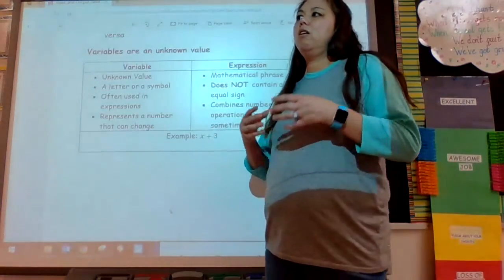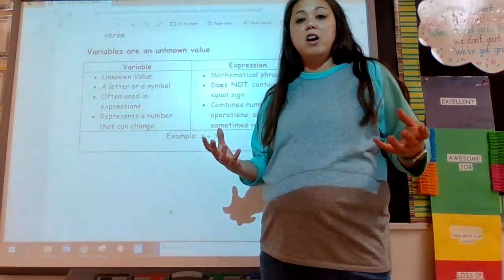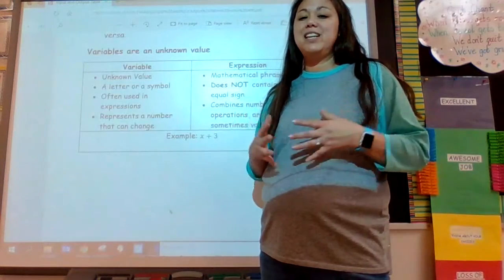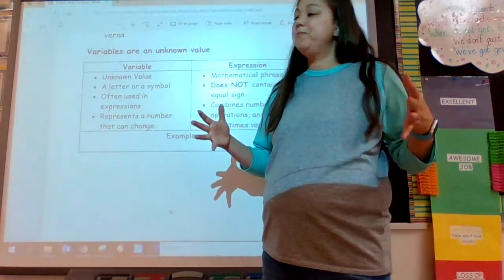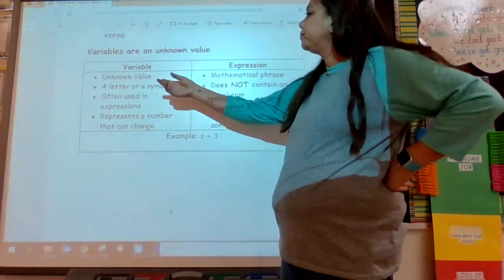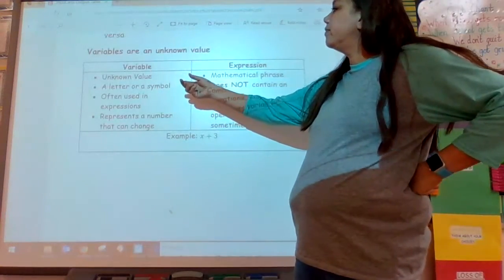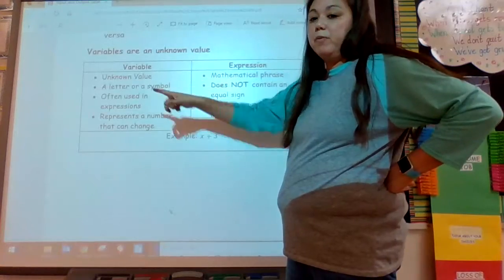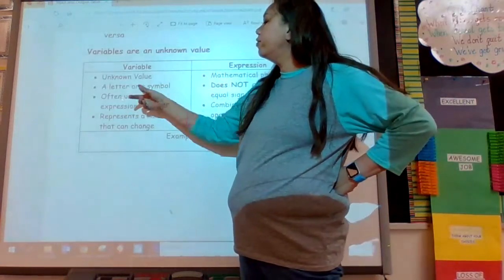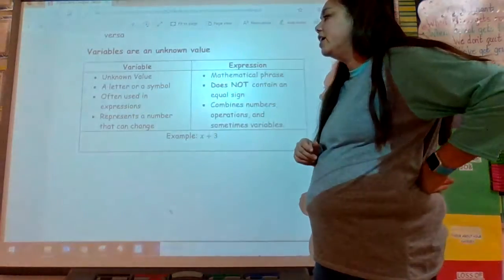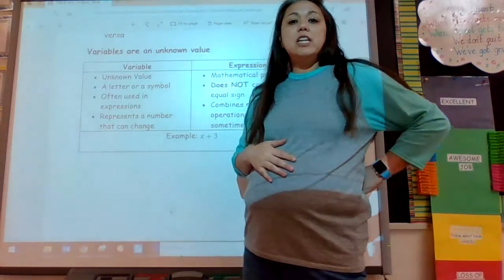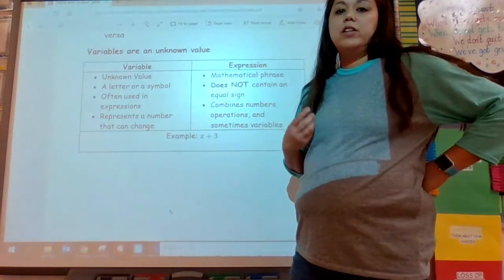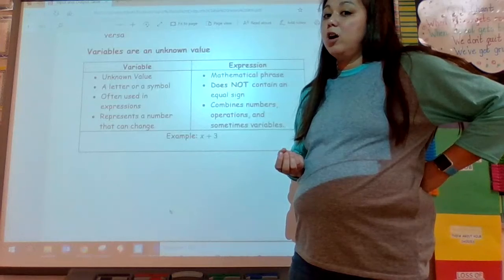Variables are letters from the alphabet that we use to represent numbers that we don't know. So a variable is an unknown value. We don't know what that number is. It is a letter or a symbol, okay? A lot of times you'll see in math they'll use X or they'll use Y. Those are the common ones.